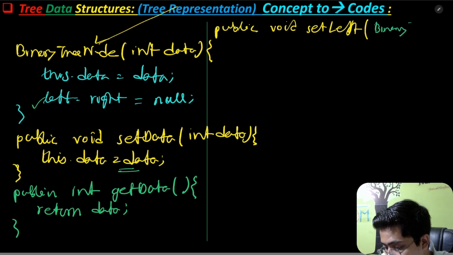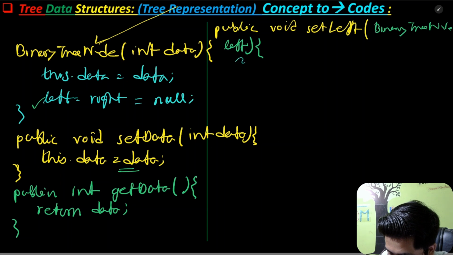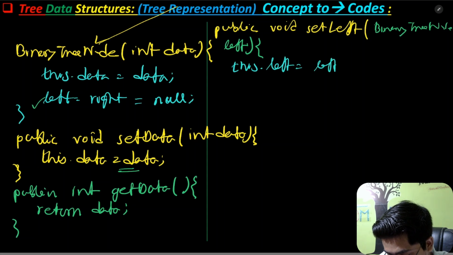Binary tree node left. Now we'll be assigning this dot left equals left.